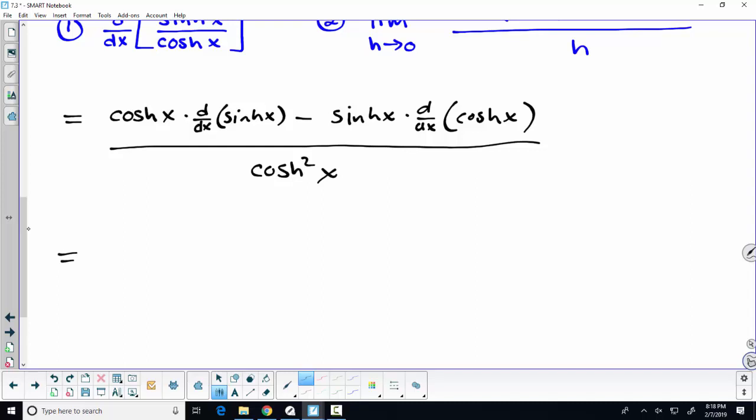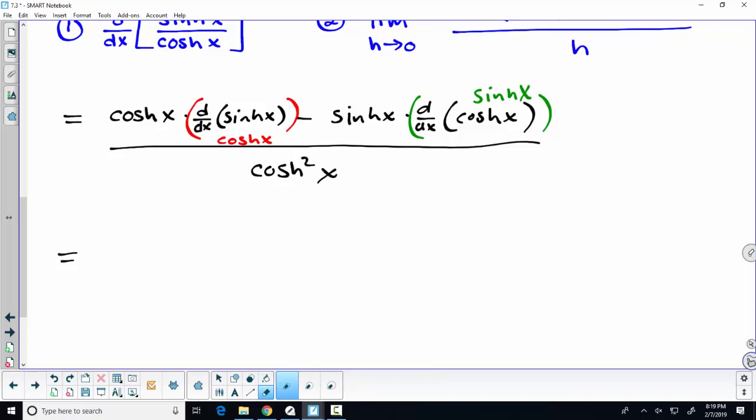So the derivative of hyperbolic sine was what? Yeah. Cosh squared x minus sinh squared x, over... Oops, that's just x.